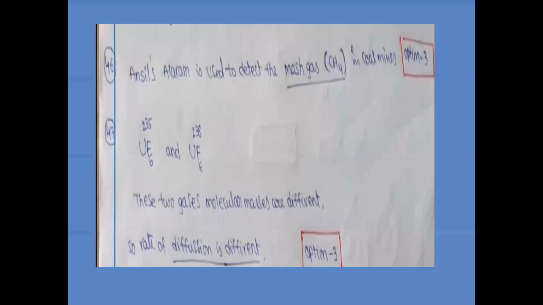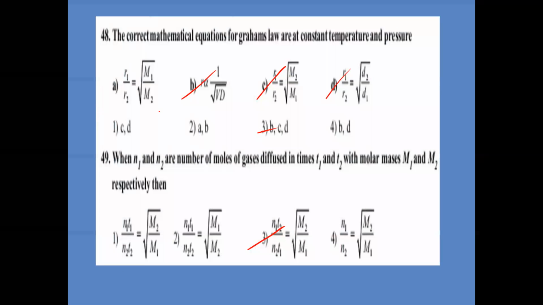And next, the correct mathematical equations for Graham's law at constant temperature and pressure. So what is taken constant here? Temperature and pressure are both constant. What formula is used for expressing Graham's law of diffusion? The first one gives R1 by R2 equals under root M1 by M2.